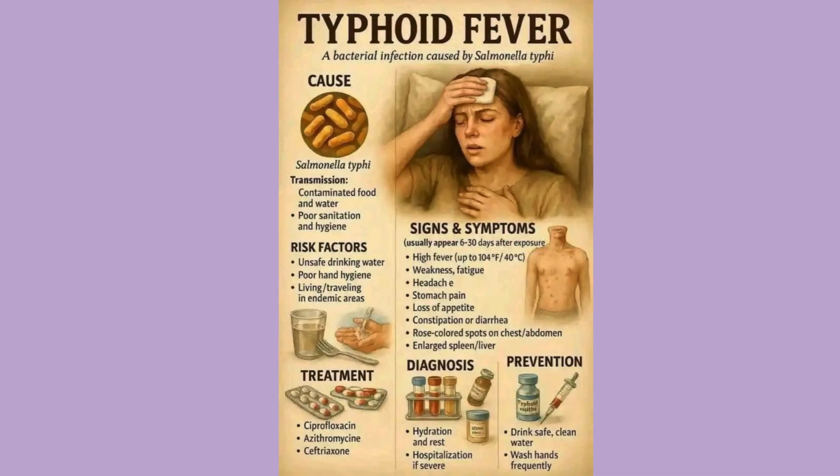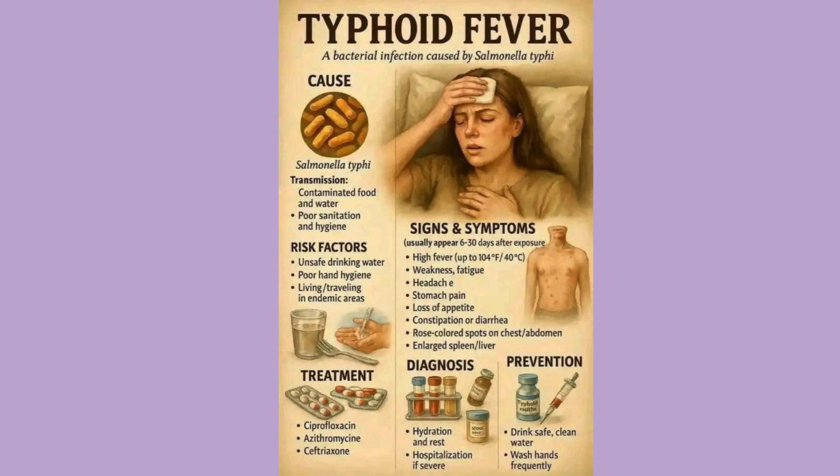Because Mary had typhoid in her system, she contaminated all the customers, and that's how the name Mary Typhoid originated. So, contaminated food and water can easily transmit the bacteria, just as poor sanitation and hygiene.